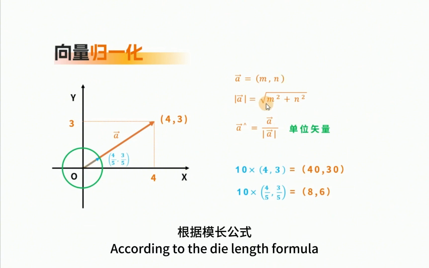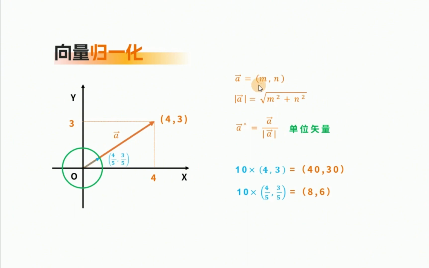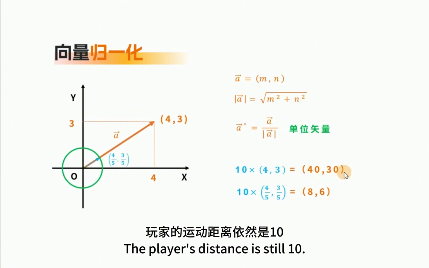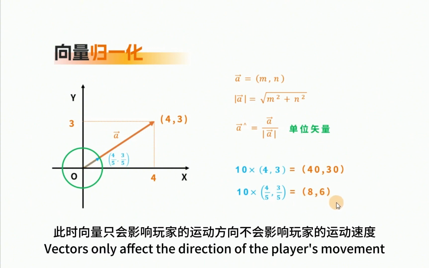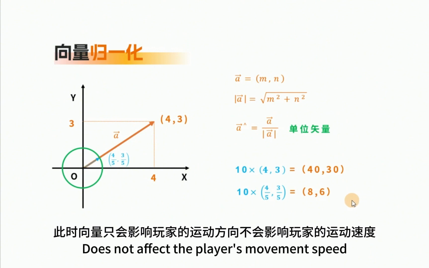According to the modulus formula, in unit time, the player's distance is still 10. So this time, the vector only affects the direction of the player's movement and does not affect the player's movement speed.